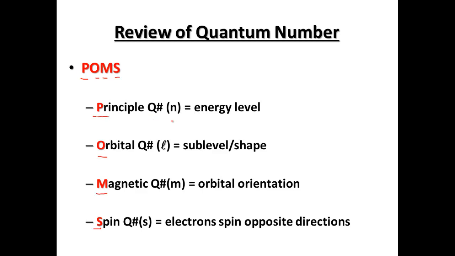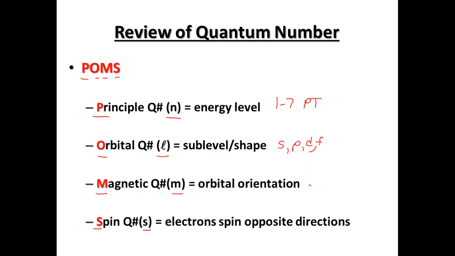Remember the abbreviation letters, n, l, m, and s, and each one represents: energy level, 1 through 7 on the periodic table. The second one, sublevel or shape, that's the s, the p, the d, or the f.